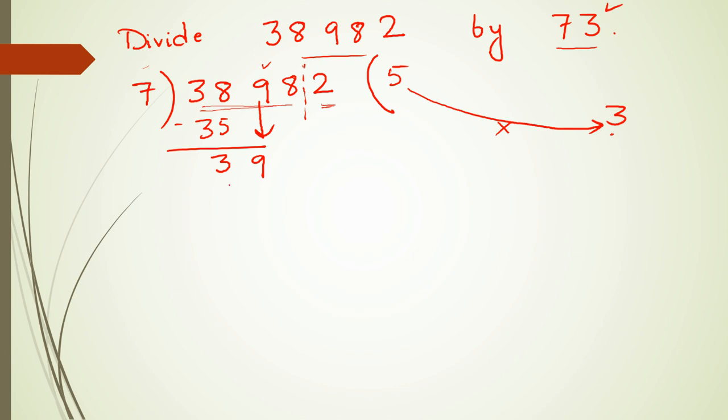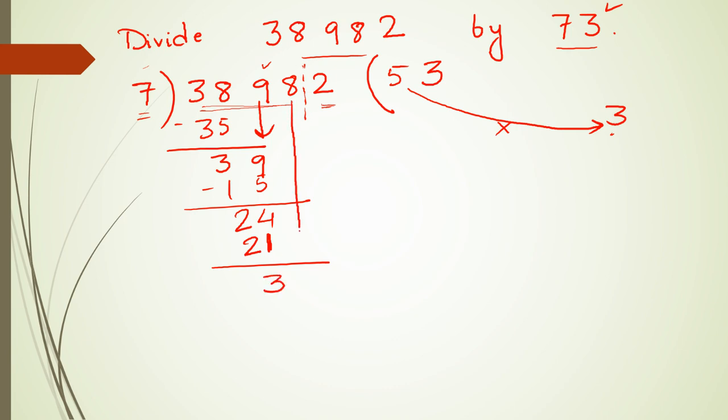That will give us 15. We need to subtract this 15 from here. So we will get this as 4 and this as 2, right? Now we need to divide this 24 with this 7. So 7 times 3 is 21, right? So we get it as 3.